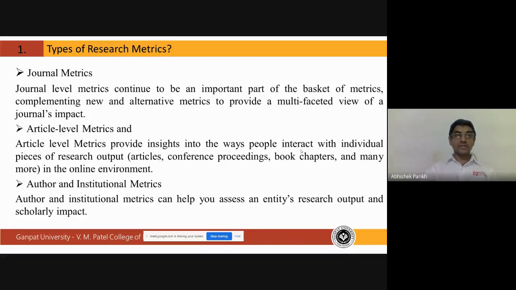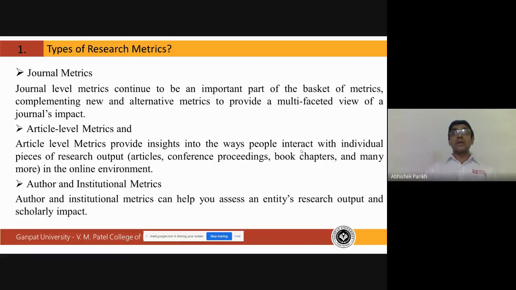So, in a nutshell, we may summarize that journal metrics help us to understand the level or the ranking of a journal, right? Whenever we are selecting a journal, there are many methods of identifying a journal.